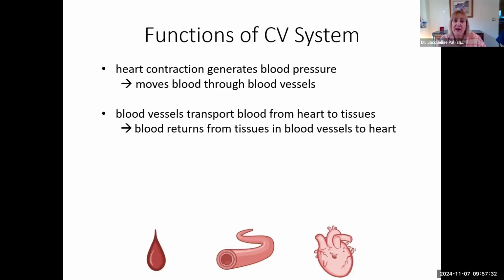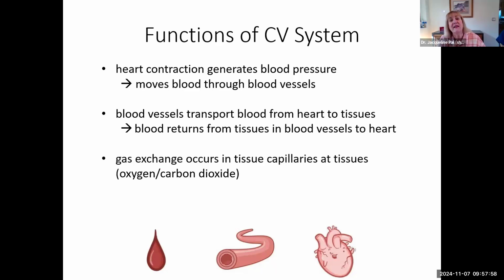Secondly, the blood vessels are transporting blood from the heart to the tissues, because in the tissues, that's where the job is going to be done. And also blood needs to return from the tissues back to the heart, and that's going to happen in different blood vessels, not the same blood vessels.